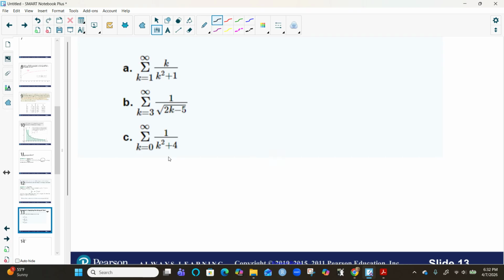And none of them, if I take the limit of them, like apply the divergence test, I might get 0. I think with all of these, actually, I'm going to get 0. So all of these are inconclusive.